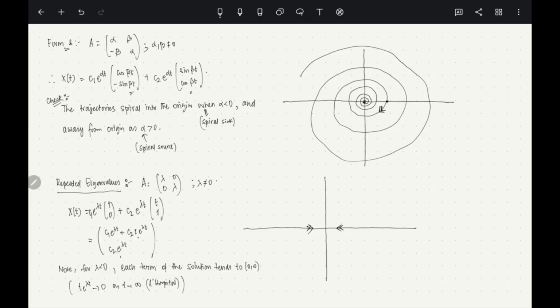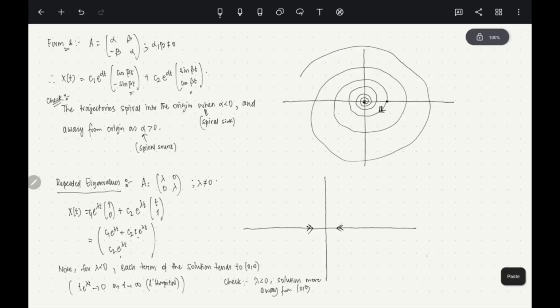Of course if lambda is positive, a similar sort of thing is happening, but it is moving away from 0 0. So check for lambda positive, solutions move away from 0 0. Is it okay? Now we want to see what happens when C1 and C2 are non-zero.